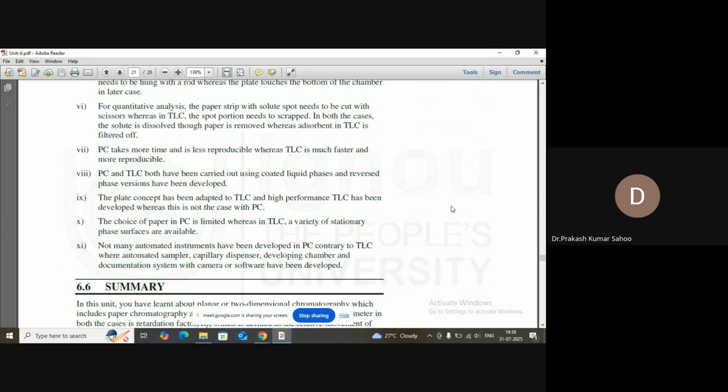In both cases, the solute is dissolved through paper, removed, whereas the adsorbent in PLC is filtered out. Paper chromatography takes more time and is less reproducible, whereas PLC is much faster and more reproducible.